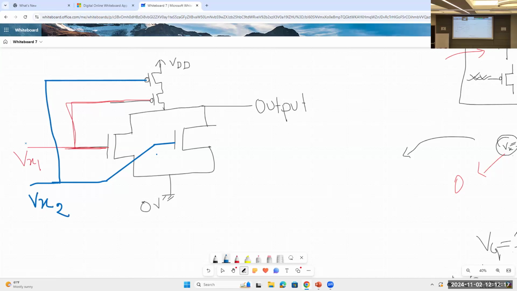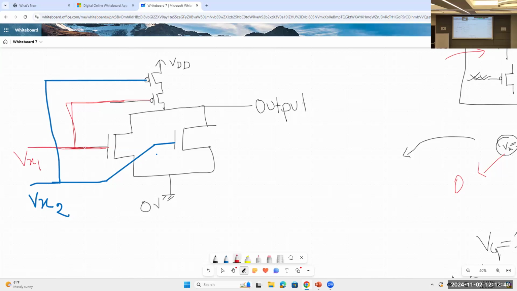It looks complex, but when you understand the operation, it's very easy actually. So here there are two inputs, VX1 and VX2. Let's focus on VX1. Forget about the blue lines. Just focus on the red line.